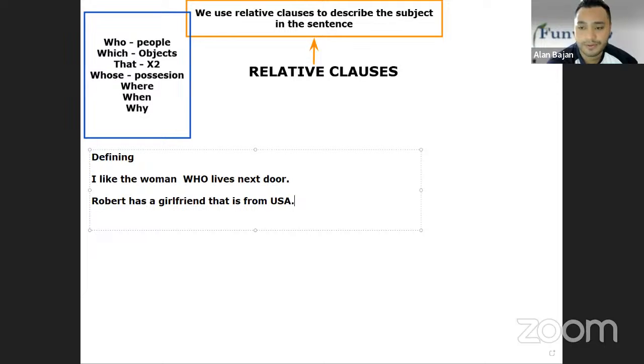That I can use it for people or for objects. And number 3, one more.